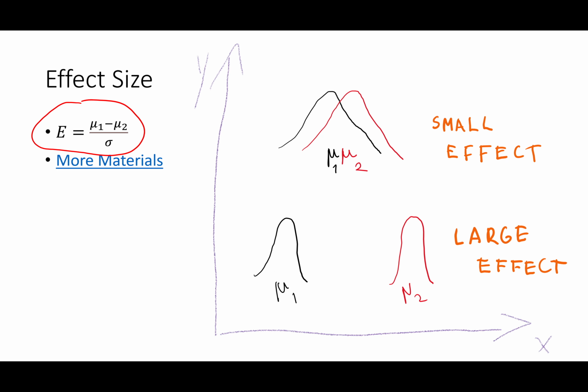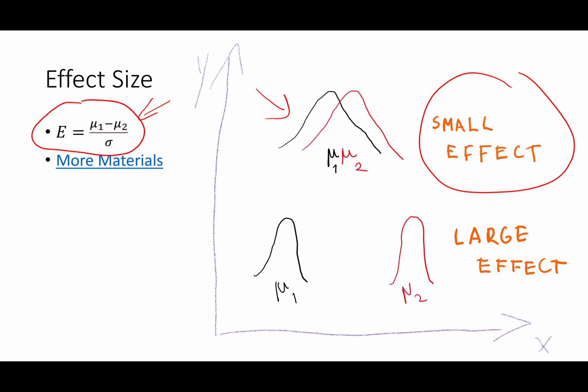As you can see, in one case, the difference between the means is very small, and the standard deviation for both of the means is quite large. So naturally, the effect size, or this variable here, is quite small because the difference is small, but the standard deviation is big. So the division actually makes the effect size smaller.